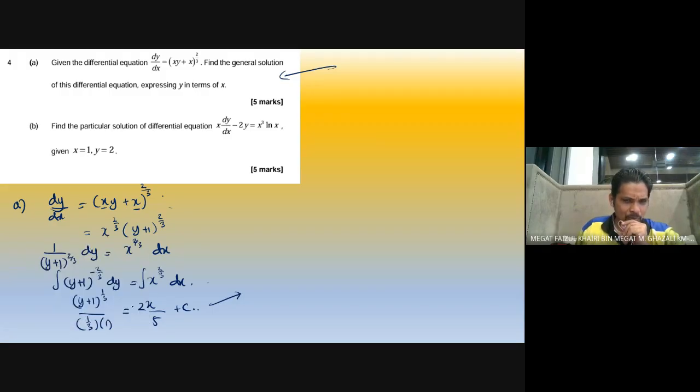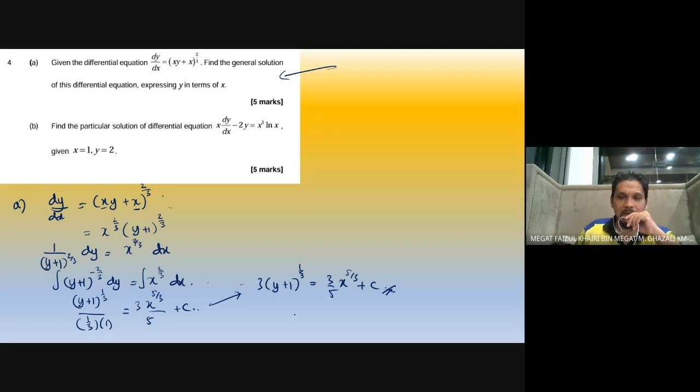So supposedly this one is 1 over 3. Okay, 1 over 3 times 1, and then 5 over 3. So this supposedly becomes 3 over 5. Okay, change the position upside down. So it is now 3 times y plus 1 power of 1 over 3 equal to 3 over 5 x power of 5 over 3 plus c. Okay, class.